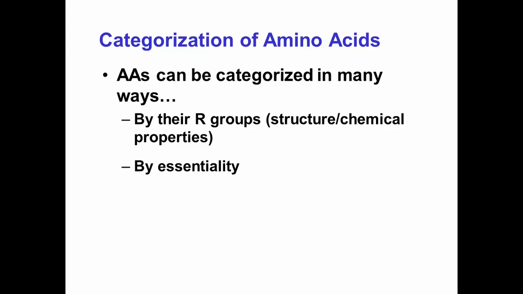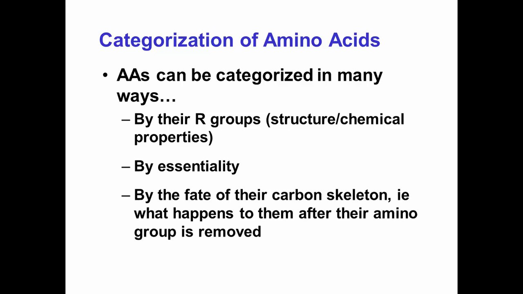So we can categorize amino acids by their R groups, like I just mentioned a moment ago. Hydrophilic, hydrophobic, sulfur-containing, hydroxyl-containing. Thank you so much. We can also categorize them by whether they're essential or non-essential. The other way of thinking about that is indispensable is the same thing as essential. Did you all learn indispensable or essential?